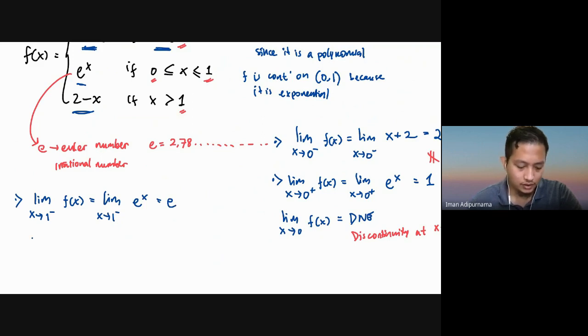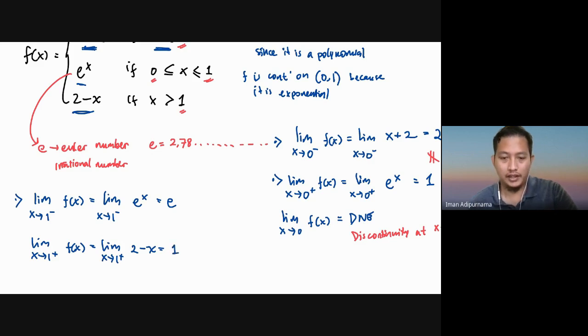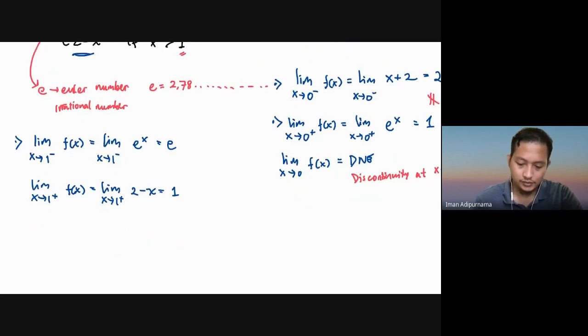And the limit as x approaching 1 from the right is 1. And it's still discontinuous, right? Still discontinuous, so the limit does not exist. And we agree that there is a discontinuity at x equals 1.